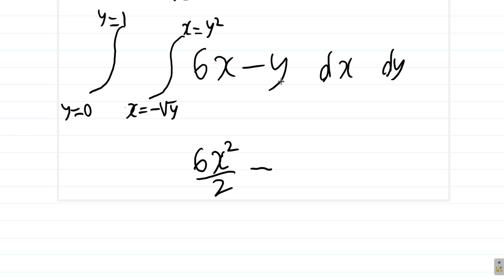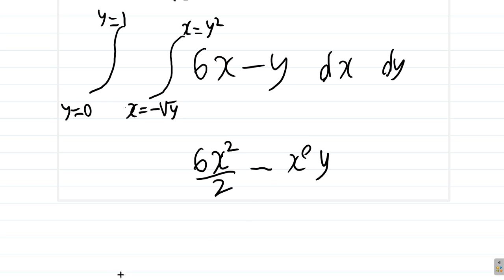Minus, what do you do with the y now? You treat y as if it's just a number, a constant. So you remember that when you have an integral with respect to x, and you don't see the x there, it means x to the 0 and multiply by y.